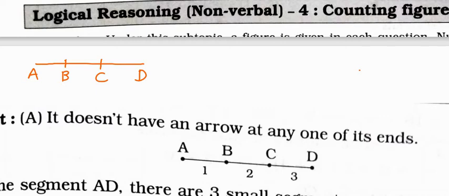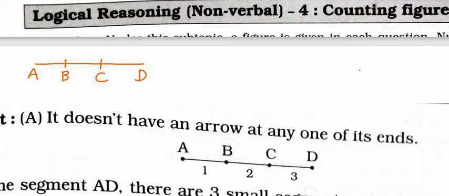AB, BC, CD, then AC, AD, then BD, and CA, AD.